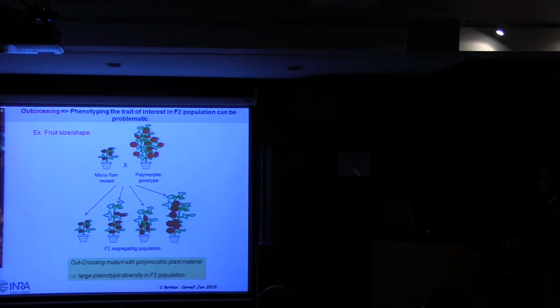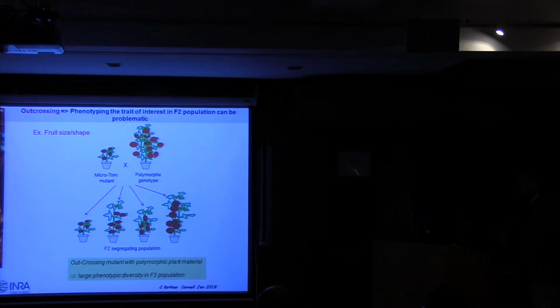The problem that we have with that, working, for example, on fruit size mutants, is that if you do that, crossing Microtom with something that is quite different, what you will have in the F2 segregating population is segregation for many, many different traits, including pericarp thickness, fruit size, and so on.